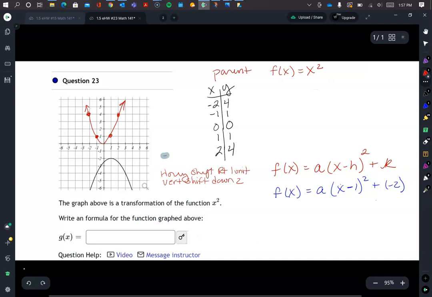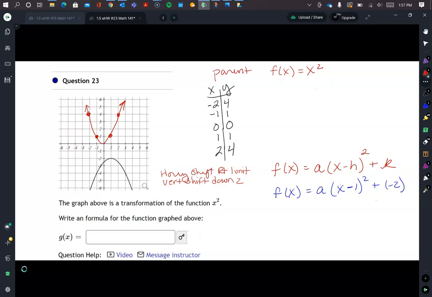We also have a reflection. Reflections can go wherever you need them to go, but when we're trying to write the equation, we almost work in the reverse order of when we're identifying transformations, because we're trying to undo it and get back to what this equation is.